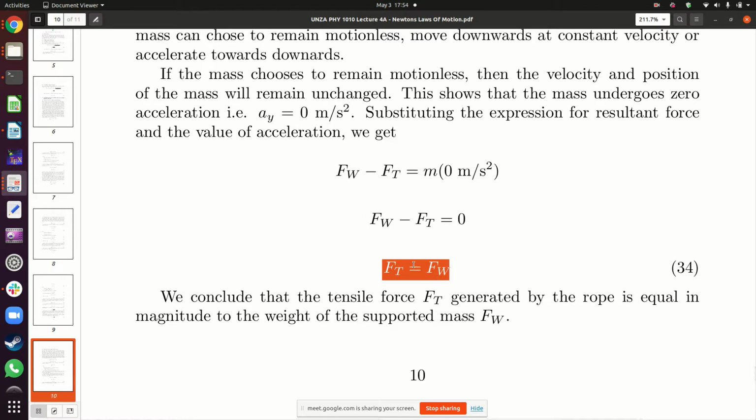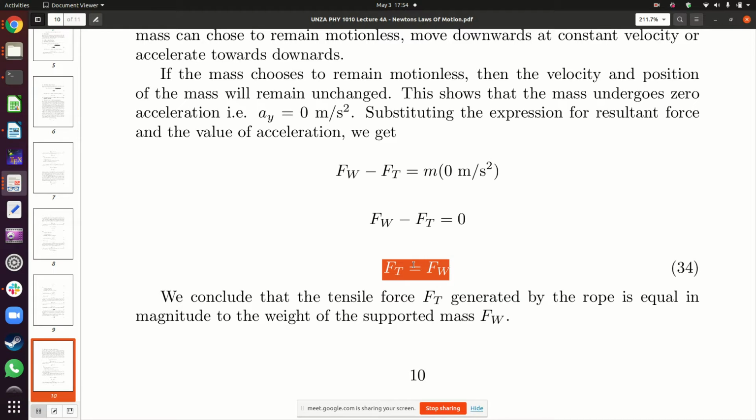So whenever you see an object with a certain mass hanging from a rope, and this particular object is just happy to be there, it's not changing its velocity, it's not changing its position, that should tell you that the tension which has been generated in that particular object is equal to the weight of that particular object.